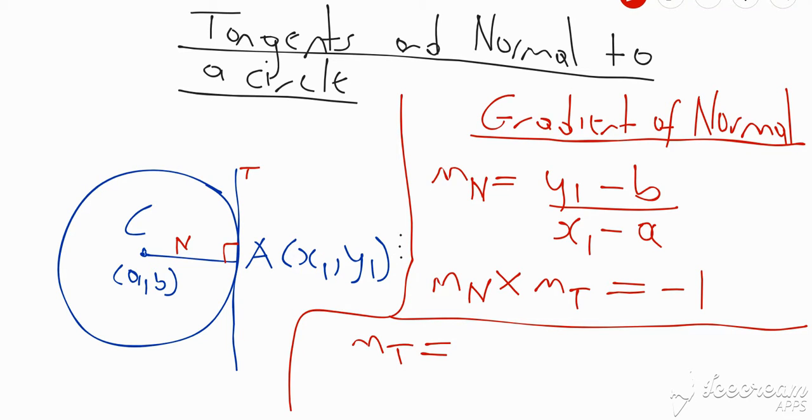So we can say -1 over mn, which in this case, by referring to the equation that we have up here, would be equal to negative x1 minus a over y1 minus b. And that is how we get the gradient of a tangent. So technically, we have to find the gradient of the normal first before we can find the gradient of the tangent.